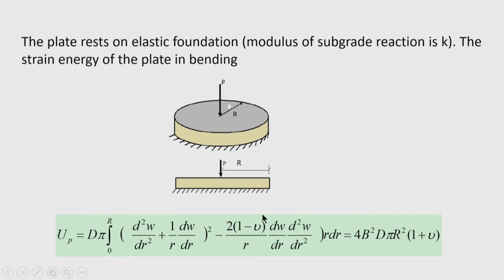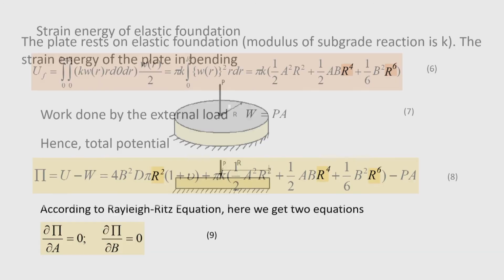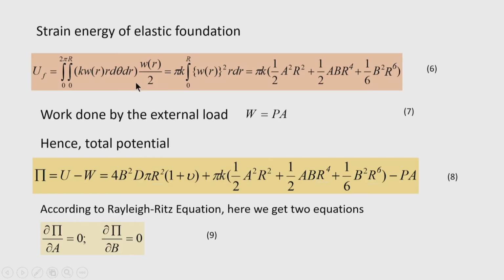Now, the next question is whether there will be any contribution of strain energy from the elastic subgrade. Yes, because the elastic subgrade acts like a spring and the work done on the spring will be stored as strain energy. So, the strain energy of the spring foundation is calculated. If you can see here, the area of the slab on which the spring force acts is nothing but r d theta into d r.